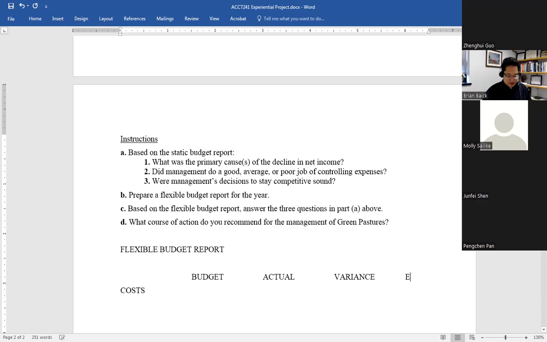That's where this project part comes in, because your explanation can be whatever you think based on what you learned in the class. So budget, actual, variance, and explanation.